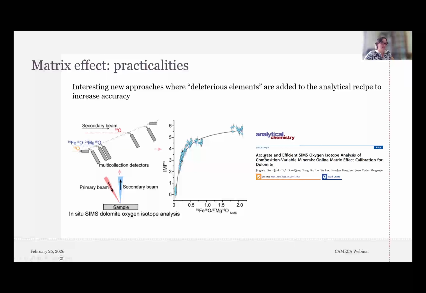So here, for example, they added the analysis of iron, alternating with the oxygen isotope, so they have the exact iron concentration, the exact iron count rate, for the correction. This is really interesting.